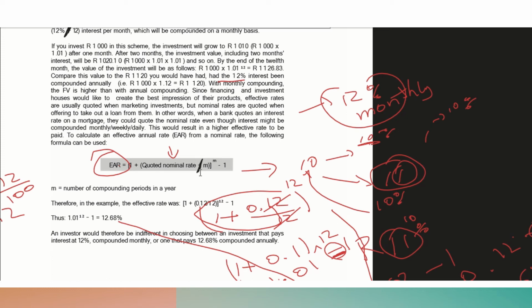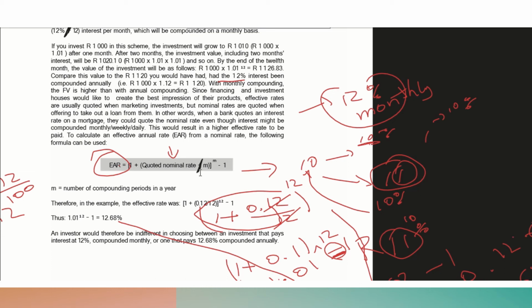If it is compounded quarterly, a quarter is 3 months. 12 divided by 3 equals 4. So there are 4 quarters in a year, and you will understand that the M will be 4.